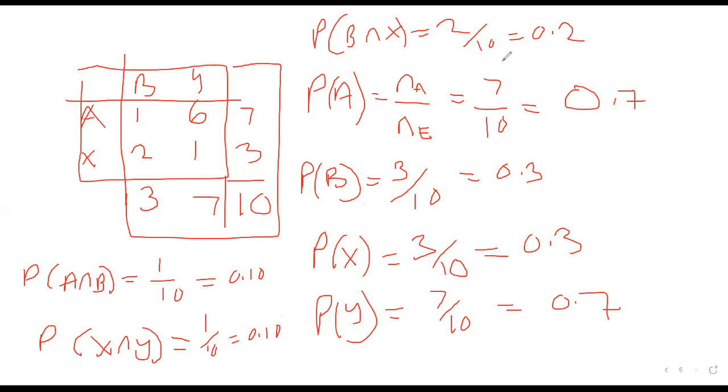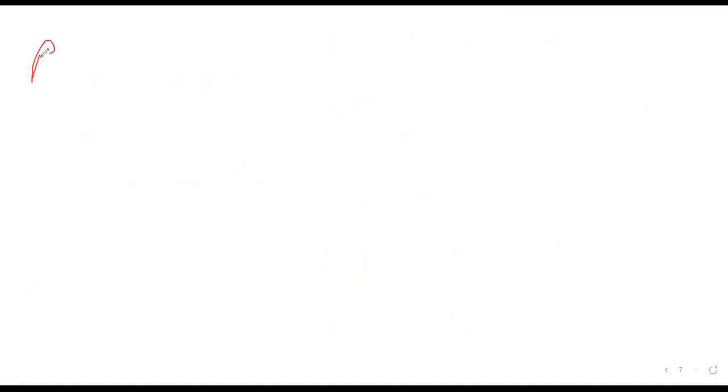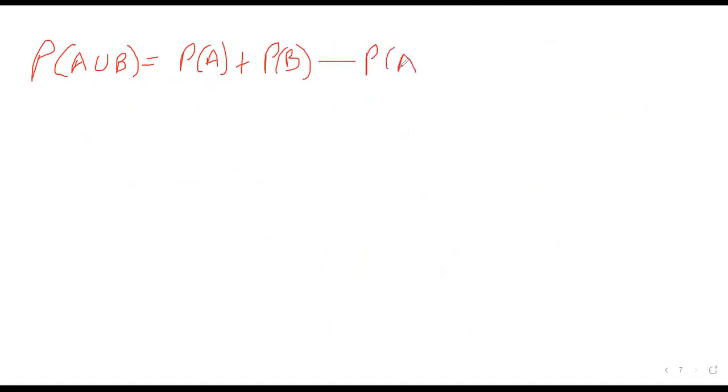At this point, are we together? Now, I had told you that the most faithful formula in probability is the union set formula. A union B. Who can remember the formula for A union B? Probability of A plus probability of B minus probability of A intersection B. Did we find the probability of A?